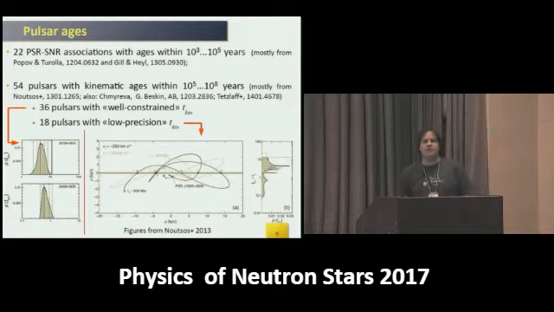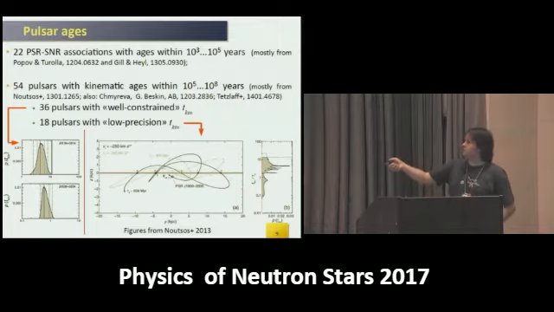The kinematic age is the time which a pulsar needed to reach its current galactic position when traveling from the galactic disk. You know, pulsars are believed to be born within the galactic disk. They obtain a huge kick and then escape away from the galactic disk. There are, in some sense, two types of kinematic ages.